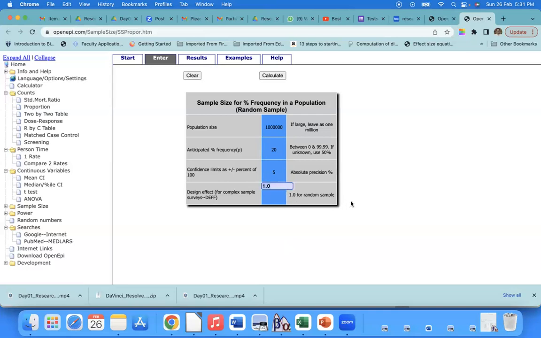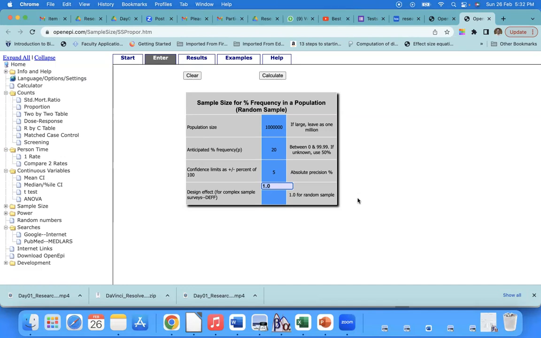Sir, the design effect has to be applied when we are not sure that the sampling is purely random sampling, is it so? Exactly. If sampling is not purely random, sometimes you are using convenience sampling, please add some extra design effect.